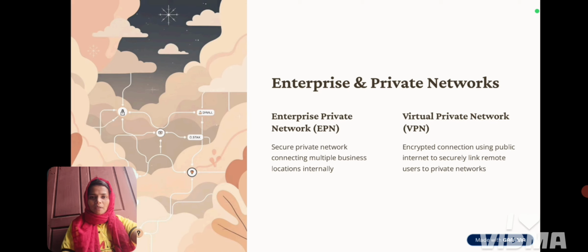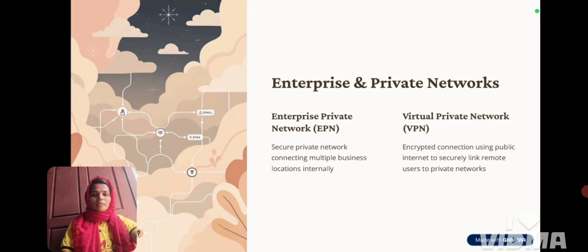Okay. And the next network type is virtual private networks, that means VPN, which means encrypted connections using the public internet to securely link remote users to private networks. Encrypted means we can't access without permission, that is called encrypted.